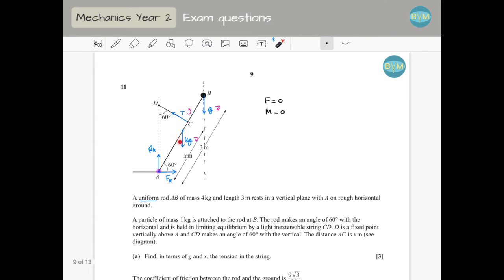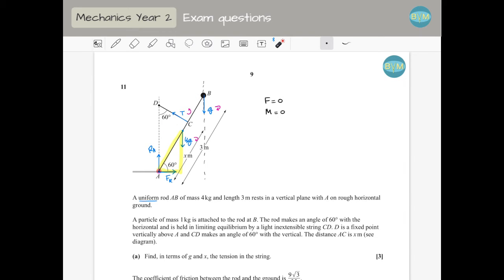Then the moment that this force produces: if you look at this triangle, we are going to do exactly the same. The force multiplied by the perpendicular distance from A to the line of the force. And this side is going to be hypotenuse times cos 60.